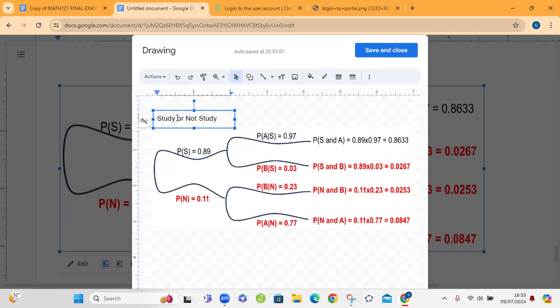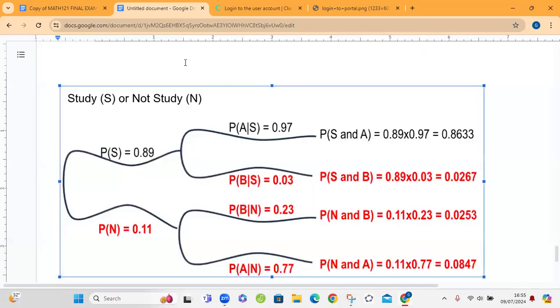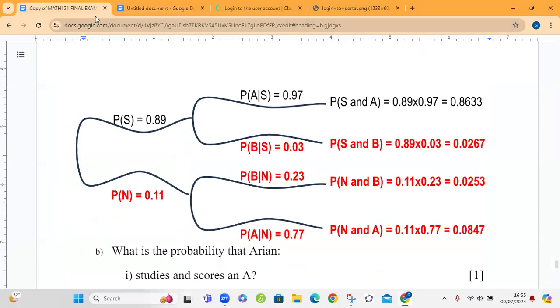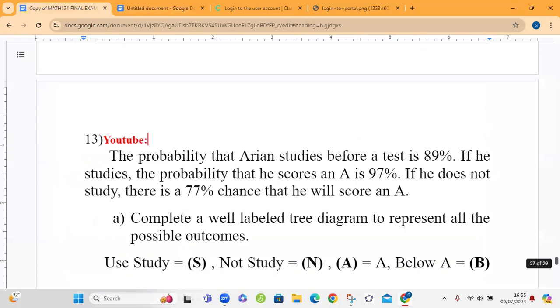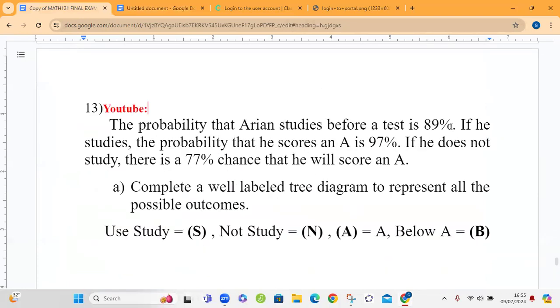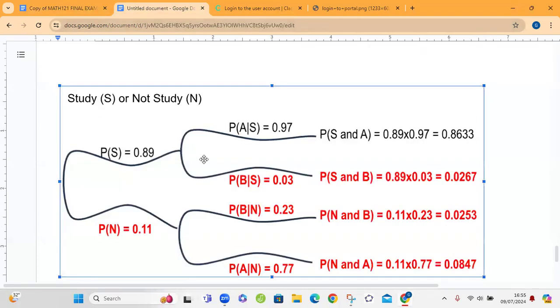We use capital S for study, and we use capital N for not study. We can clearly see it says here that the probability that he studies is 89%. And here it is represented: the probability that he studies is 0.89.